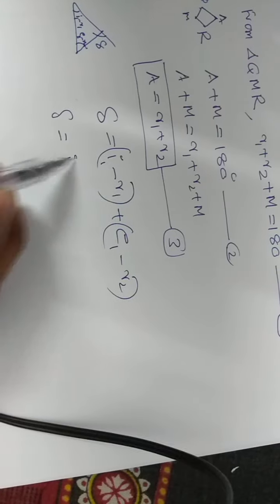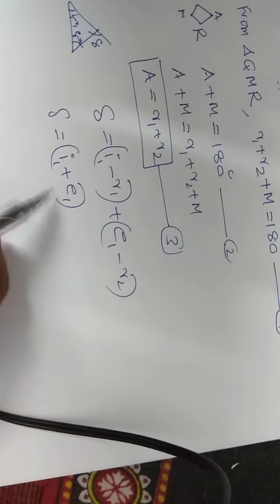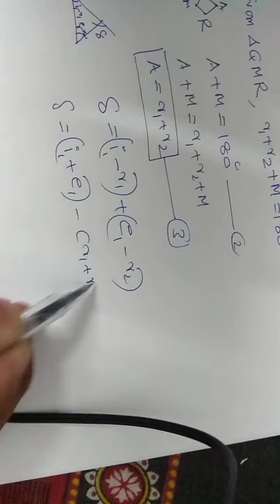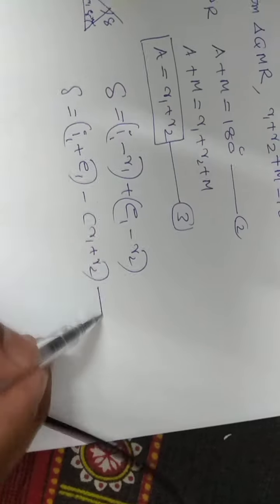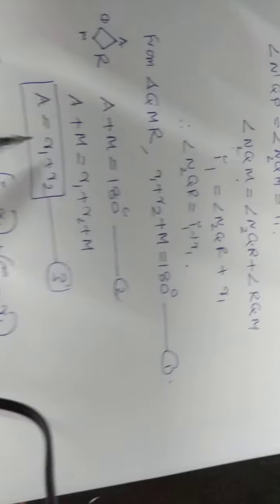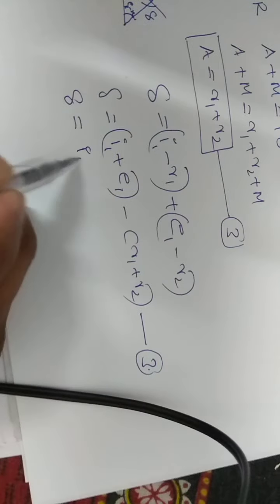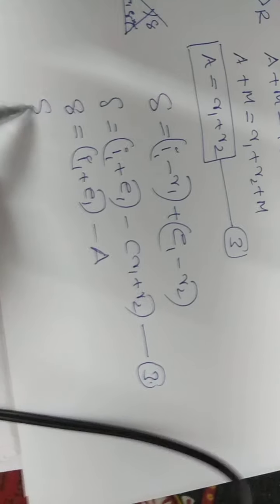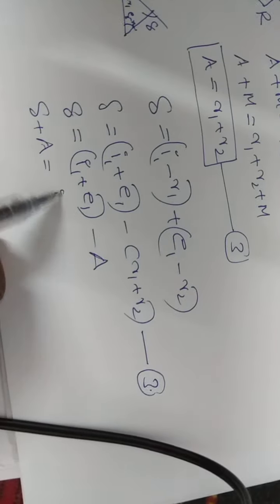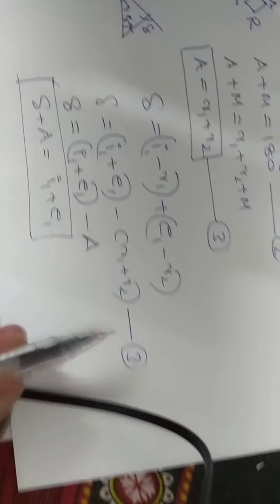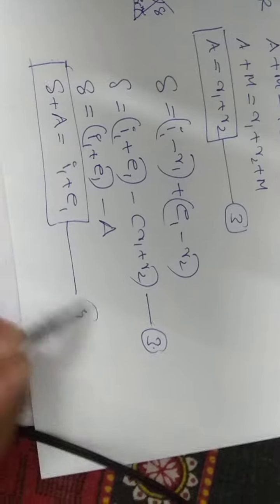So delta is equal to I1 plus E1 minus R1 plus R2. But we know A is equal to R1 plus R2. So substituting A, delta is equal to I1 plus E1 minus A. So delta plus A is equal to I1 plus E1. Equation number 4.